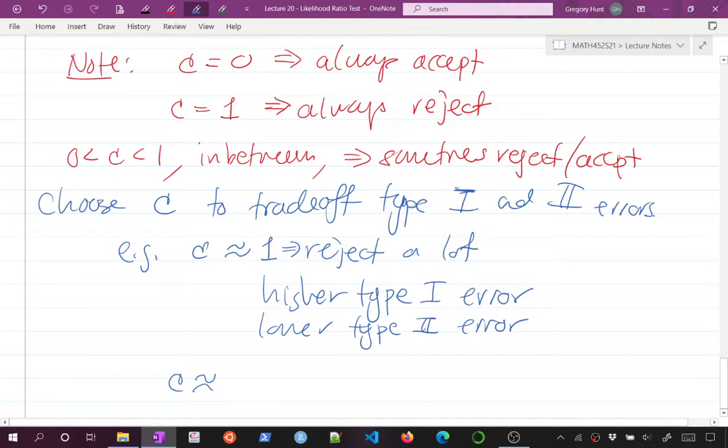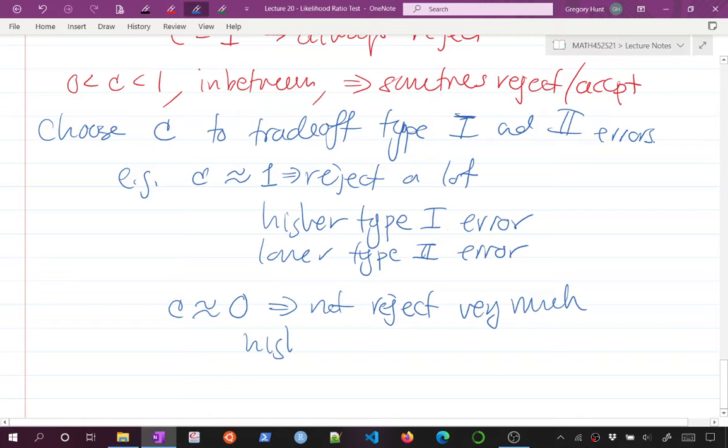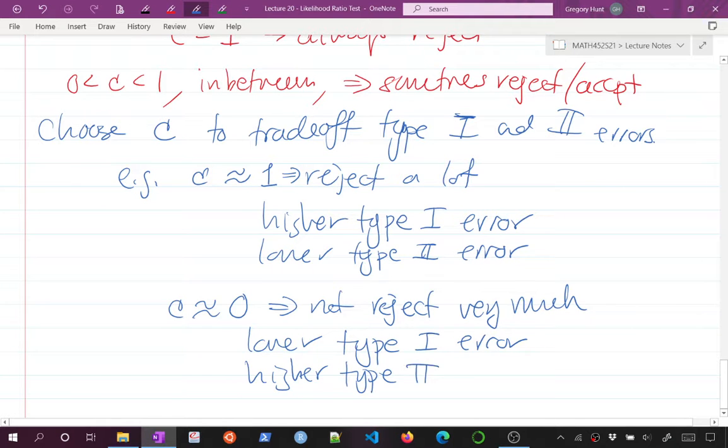If C is close to 0, so we're not going to reject very much, then that will help contain our type 1 error. So we'll have a lower type 1, other things equal. And the price we'll pay for that is a higher, generally speaking, type 2, because we're not rejecting a lot.